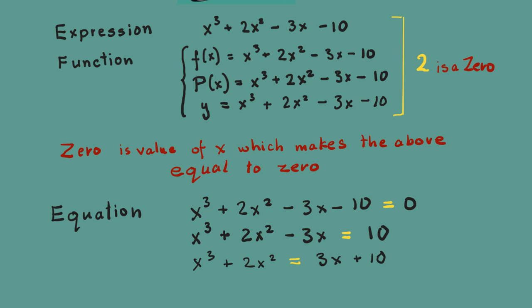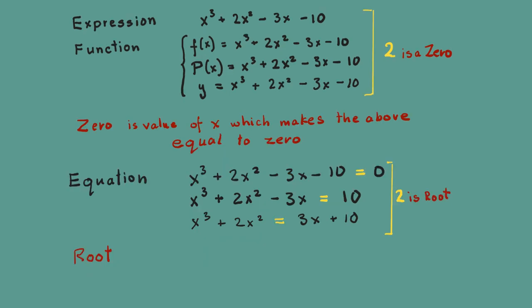I could continue doing this, but the whole point of this is that it has to have an equal sign. And in this case, we say that 2 is a root. So a root is really a solution to the equation.